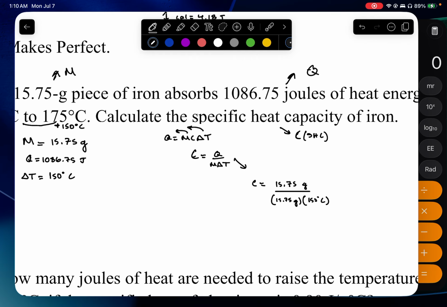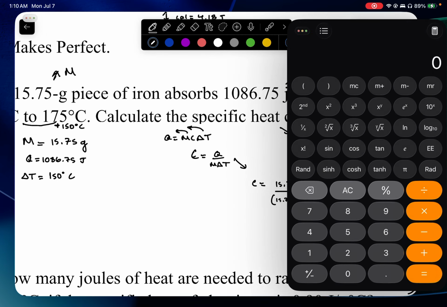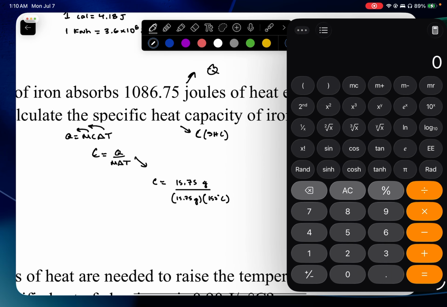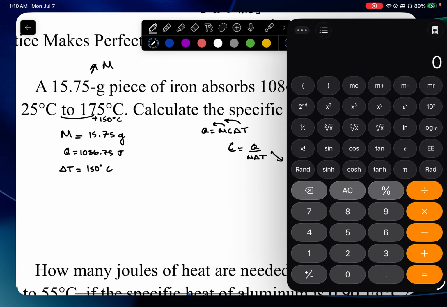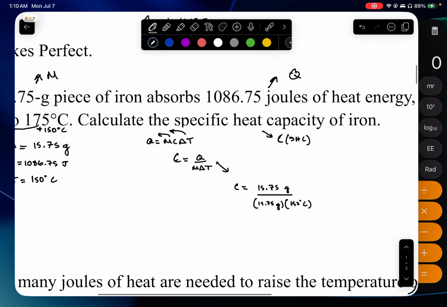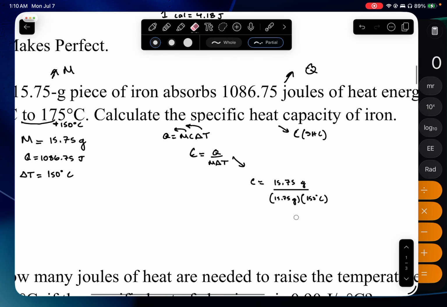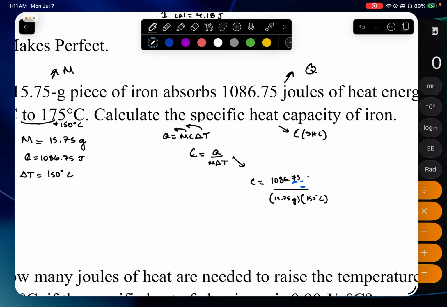Now, let me bring out my calculator. Oh, shoot, I wrote my Q wrong. This is supposed to be 1086.75 joules. Sorry about that.